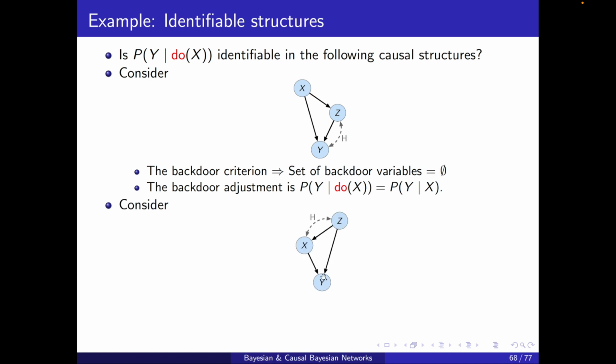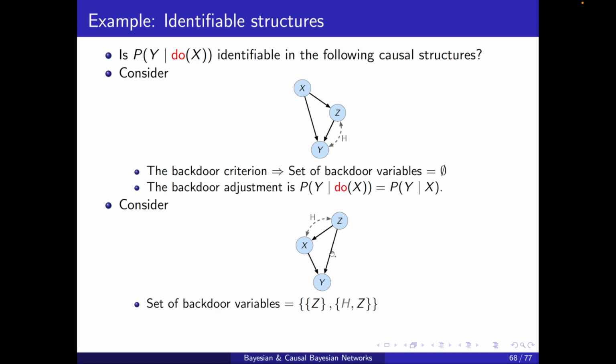Now, what about this structure? Well, here the set of backdoor variables is Z, right? So if I just use z, what happens is that it's not a descendant of x, and it's also blocking all the backdoor paths. One is x z y, the other is x h z y.